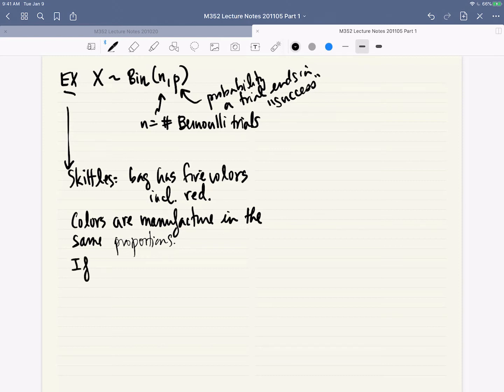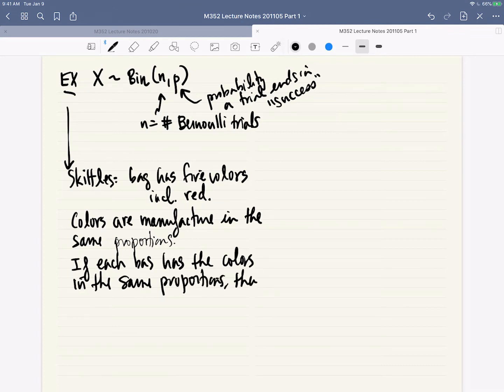If each bag has the colors in the same proportions, then 20% of the Skittles in any one bag should be red.